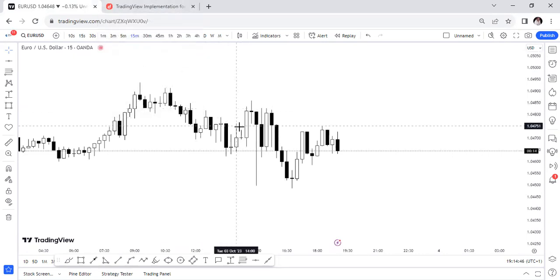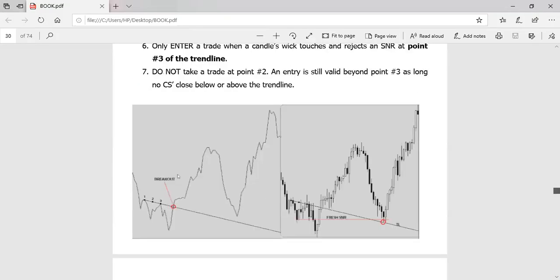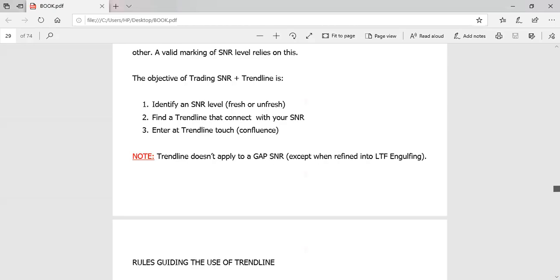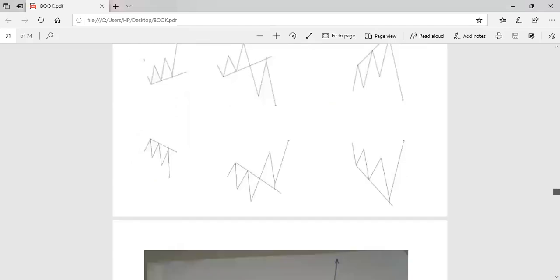So we have different types of trend lines according to our books, the manual. We have the regular one.